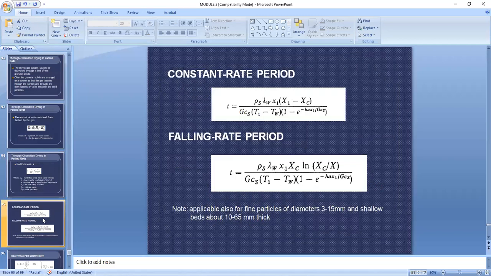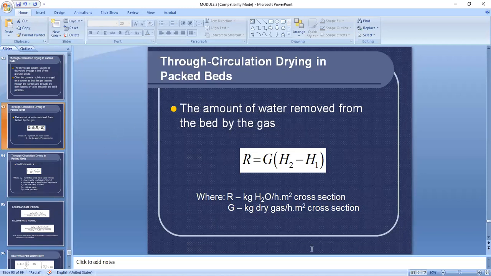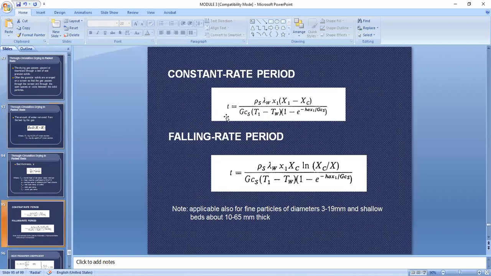Now, as for the drying time, still on the topic of through circulation drying, you have the constant rate period drying time and the falling rate period drying time. All the parameters that you see here are well defined in Geankoplis because this was taken from Geankoplis. Go back to your Geankoplis and check on these formulas.